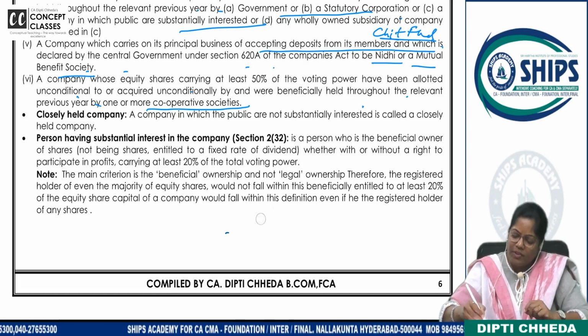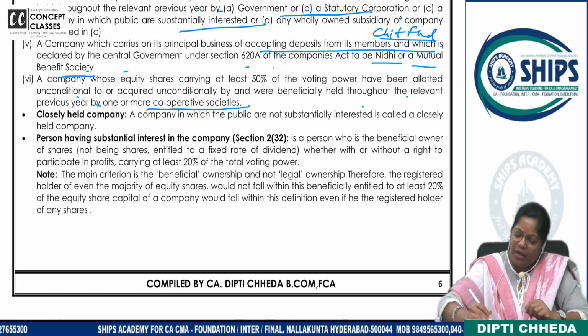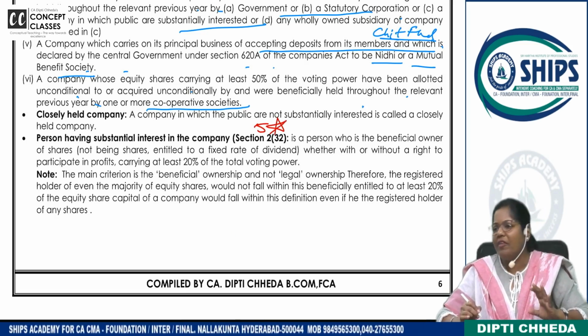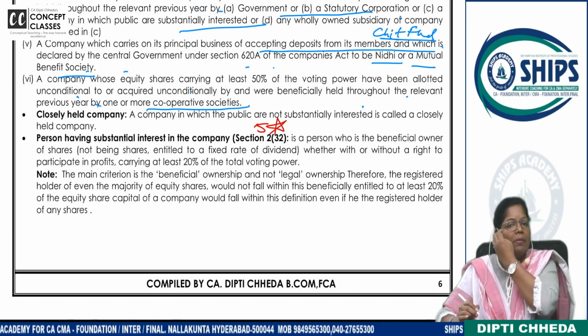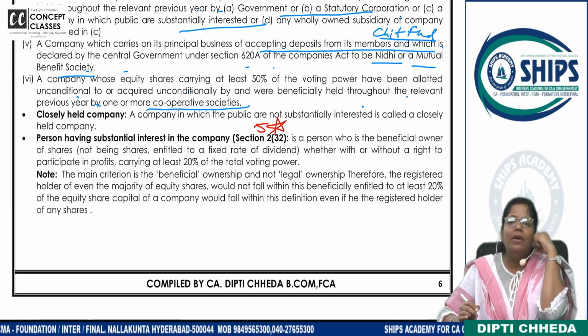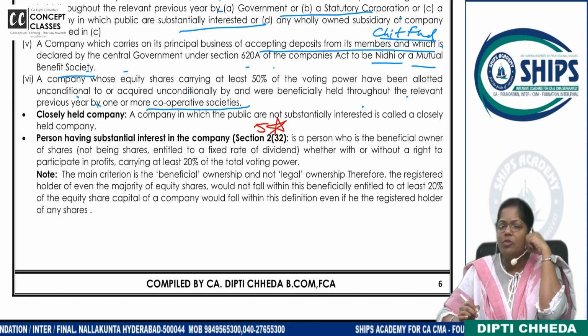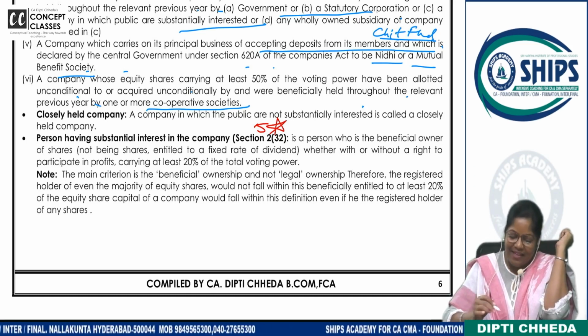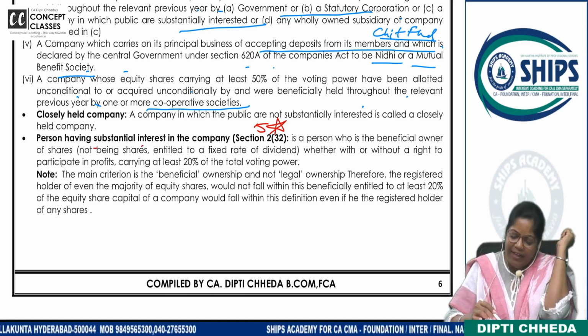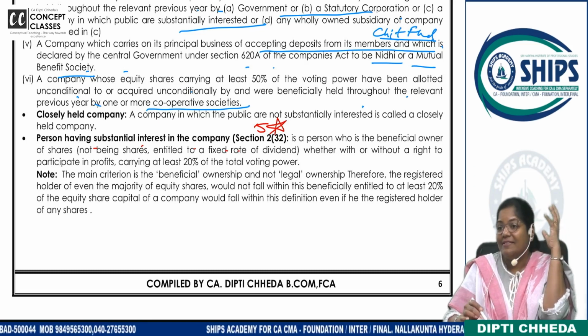और इसको 2 स्टार नहीं, इसको 5 स्टार खिलाओ. 5 और ऐसे स्टार बनाओ. The superb definition for basics, for MCQs, for clubbing of income, for salary chapter, for so many chapters. What definition am I teaching you? Person having substantial interest in a company.